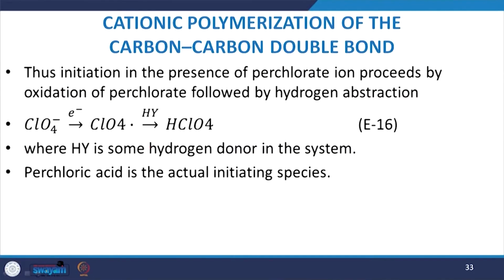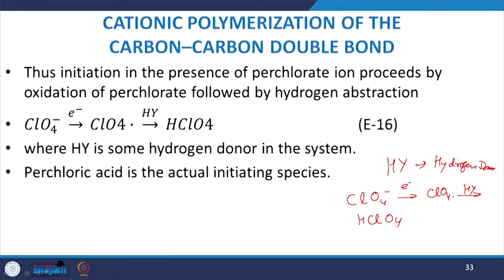So, you see, when we use HY as any kind of hydrogen donor, we may represent this as ClO4, and then with any hydrogen donor, it gives you this one. Now, this perchloric acid is usually termed the actual initiating species in this category.